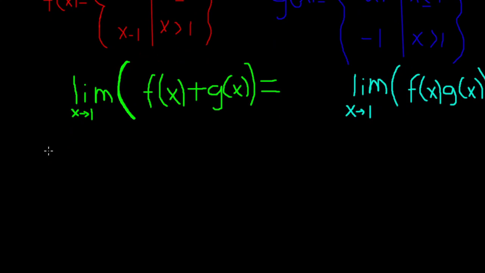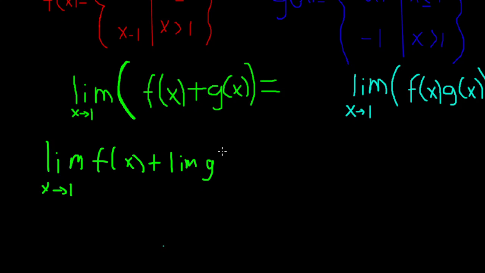Now, initially, your first thought might be that it's equal to the sum of the limits, like this. g of x, x approaches 1.